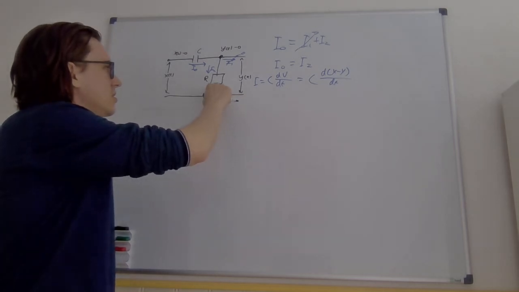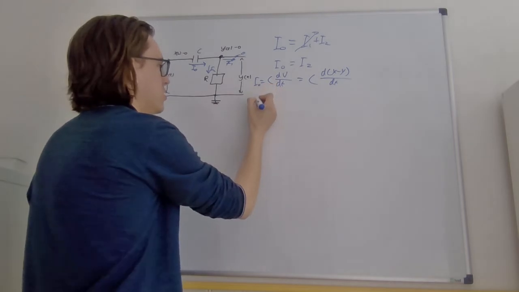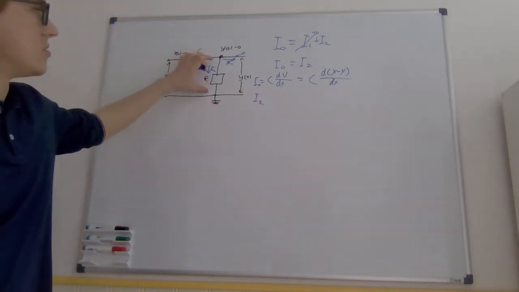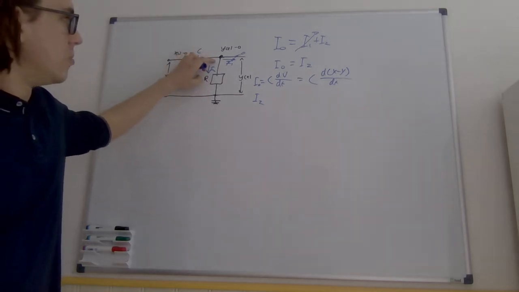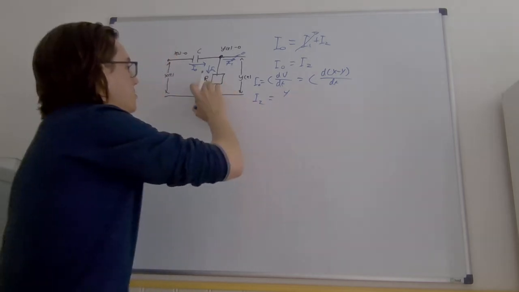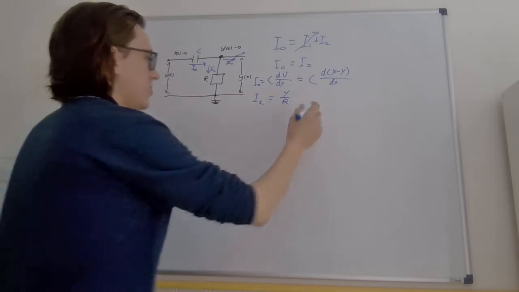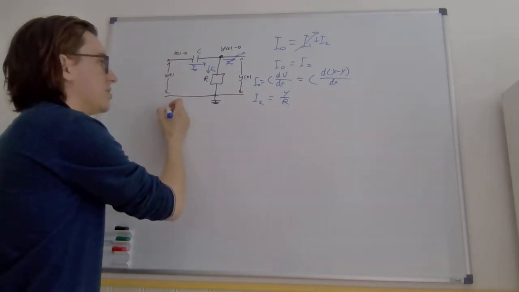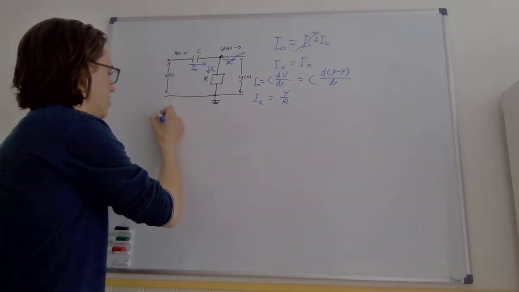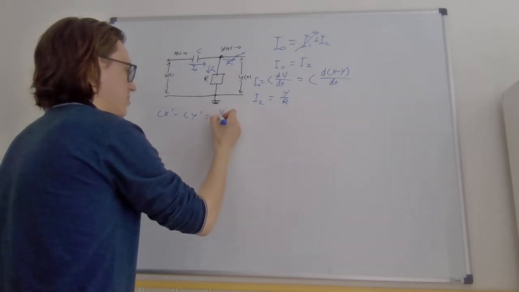This states that the voltage across the resistor equals resistance times current. So the voltage across this resistor is y minus 0 equals y, divided by the resistance. Then we equate these two things, and we get the formula: x prime times C minus C times y prime equals y divided by R.